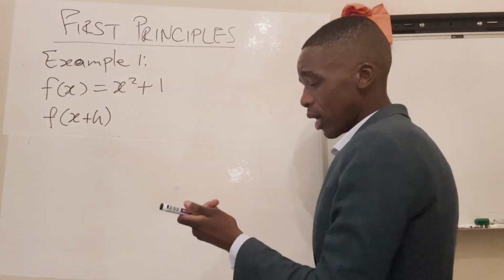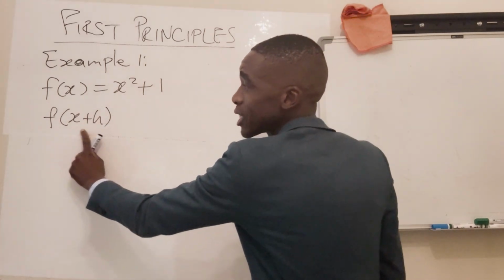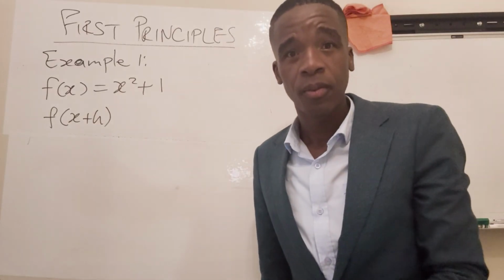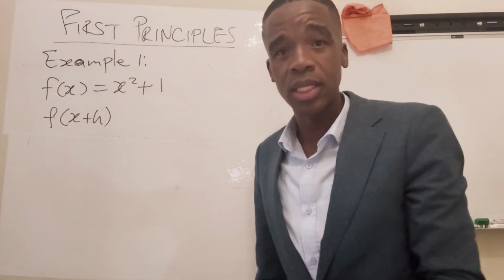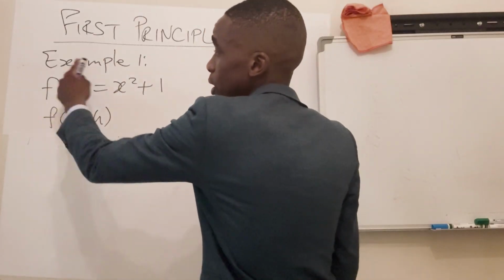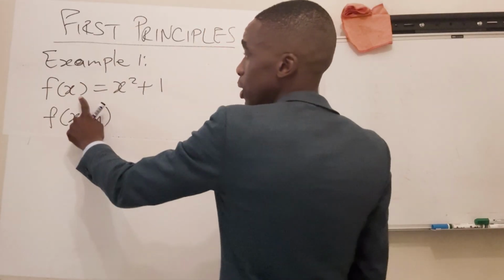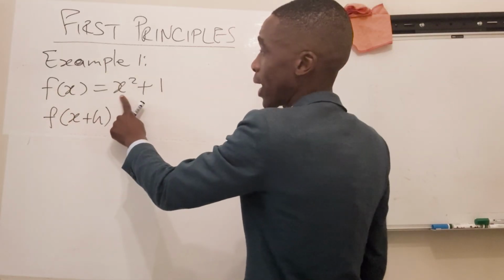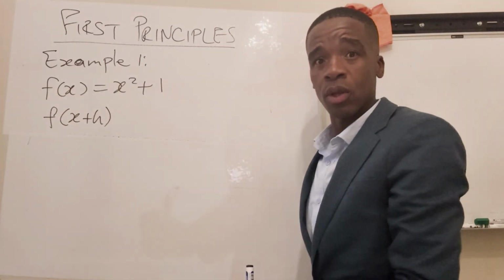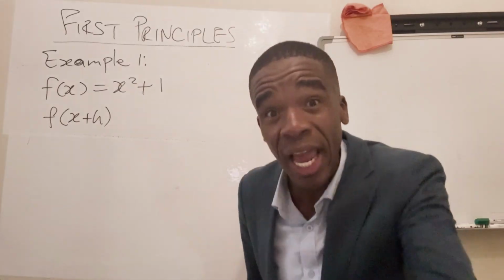Wherever there was an x, now there is an x plus h. So now it's direct substitution. The original rule said f of x is equal to x squared plus 1. Now I'm looking for f of x plus h.